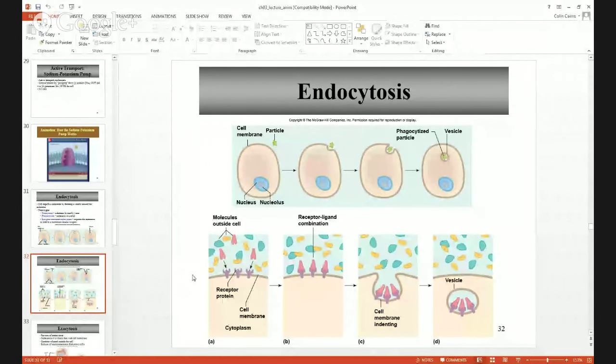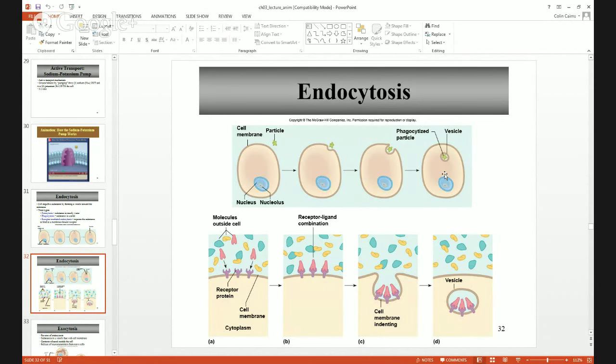And this first part shows the phagocytosis process. The particle attaches to the membrane, and a vesicle pinches off after it surrounds the particle, pinching it off into the cell.